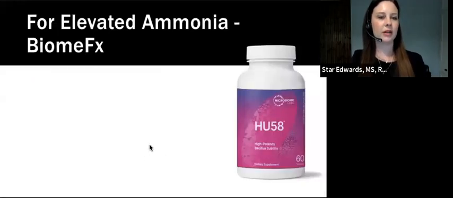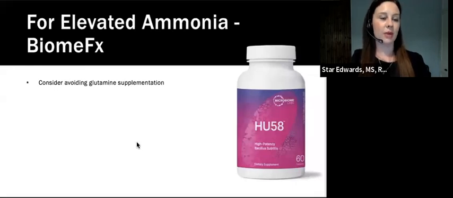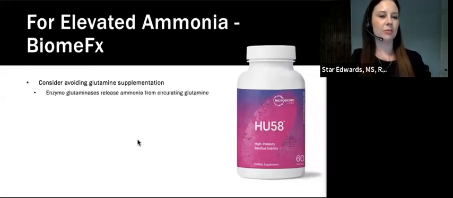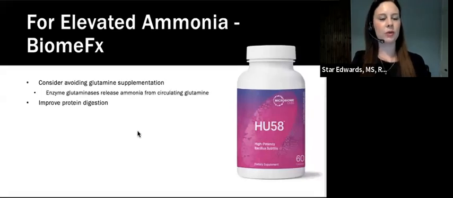If there are elevated ammonia producers on BiomeFx, my recommendation would be that you might want to consider avoiding glutamine supplementation because this could result in more ammonia being produced. It's also important to focus on protein digestion. We want protein digestion to occur before it gets to the colon. It should mostly be absorbed in the small intestine, and the digestion starts to occur in the mouth with chewing.